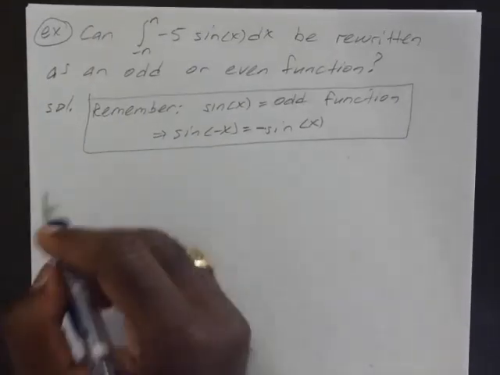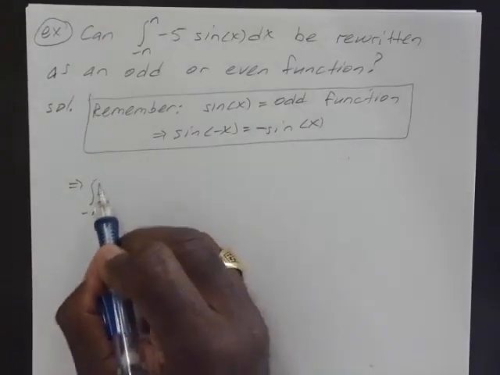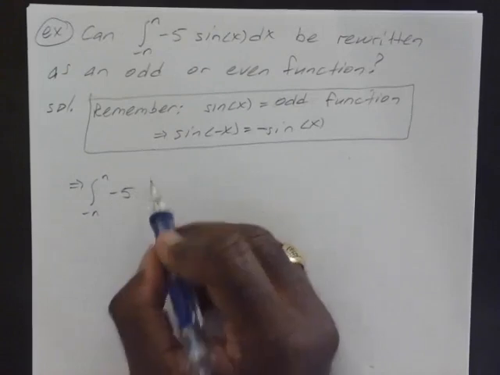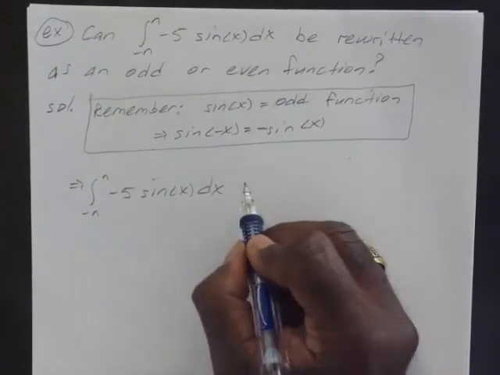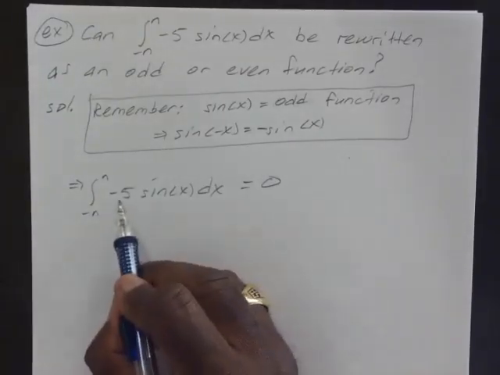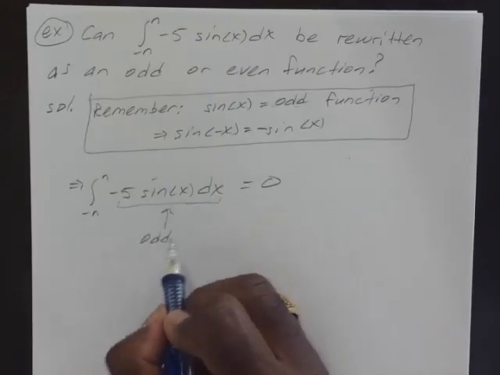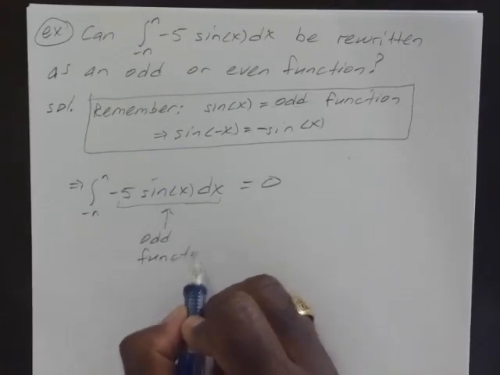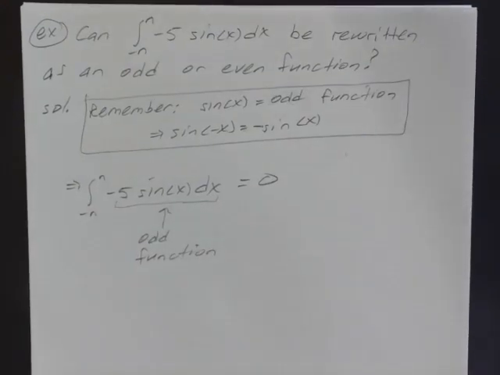So because we know it's odd, we know that the integral from -n to n of -5 times sine of x dx is going to equal 0, because we know that's for an odd function. So once you know if it's even or odd, it's a pretty quick solve.